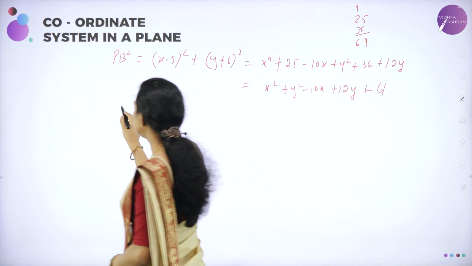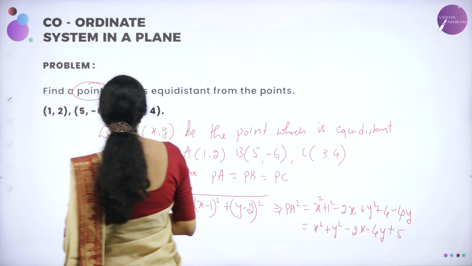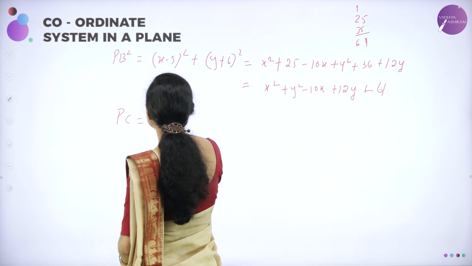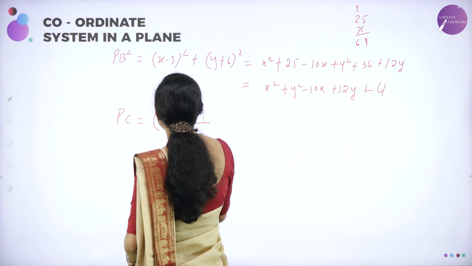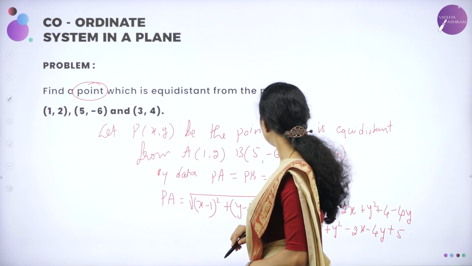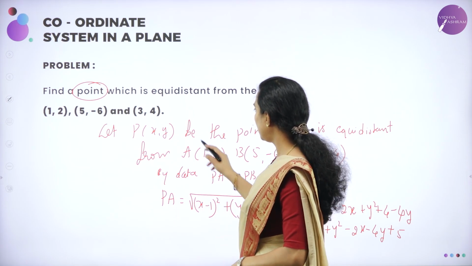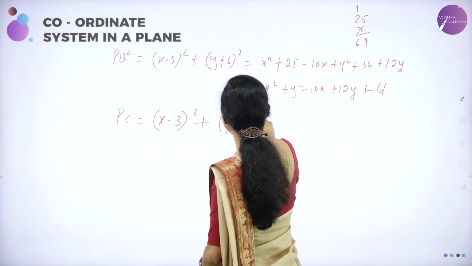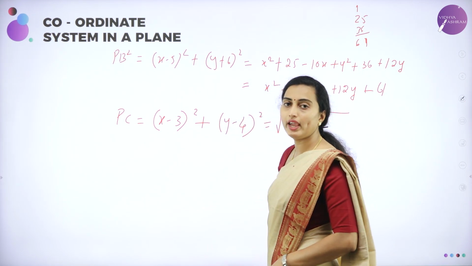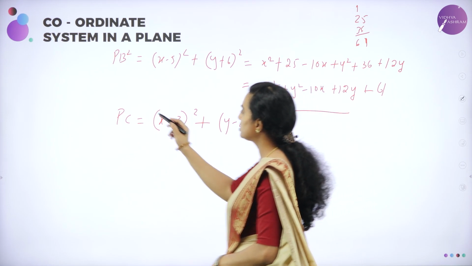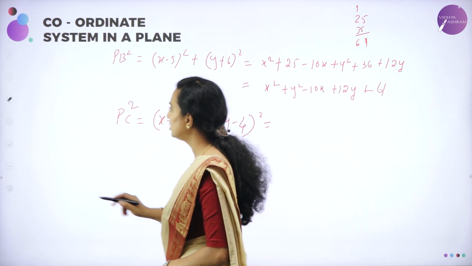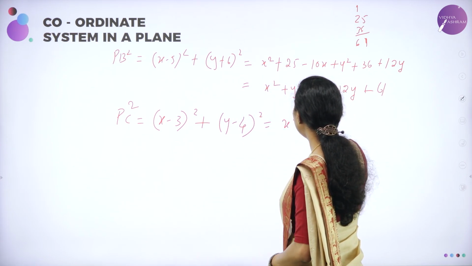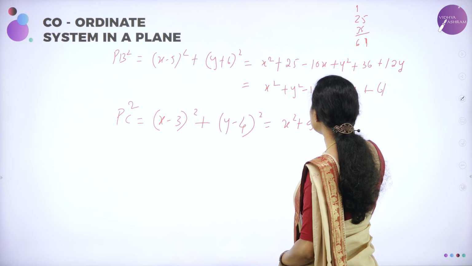Next, PC. What is PC? Let me calculate. (x minus 3) whole squared plus (y minus 4) whole squared. Not square root, PC squared. So it will become x squared plus 3 squared is 9 minus 2 threes are 6x.